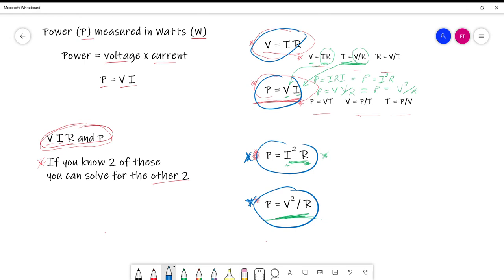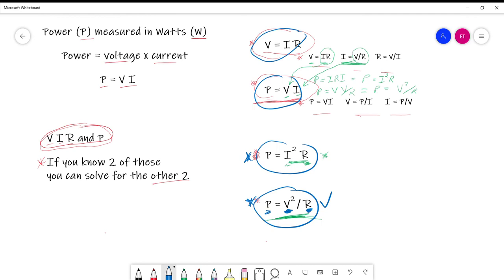But you can probably see like this one here is an example where you have a certain device and you're going to power it up with a certain voltage and you want to know the wattage. Well, whatever voltage you connect to this device, V squared, that voltage squared over that device's resistance tells you how much power.